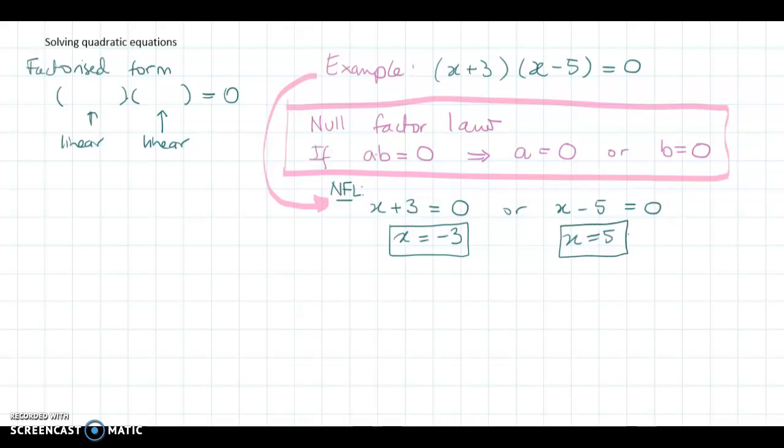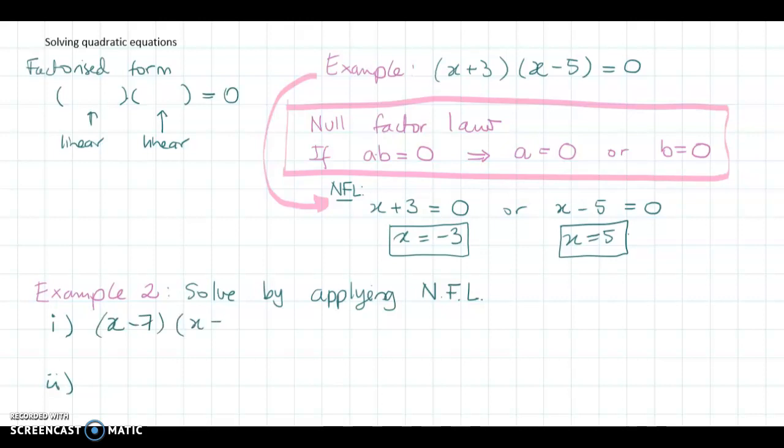Let me write another example here. What I want here is to solve by applying the null factor law, and I write NFL for short. Let's make two parts from this. The first one says (x - 7)(x + 20) = 0.